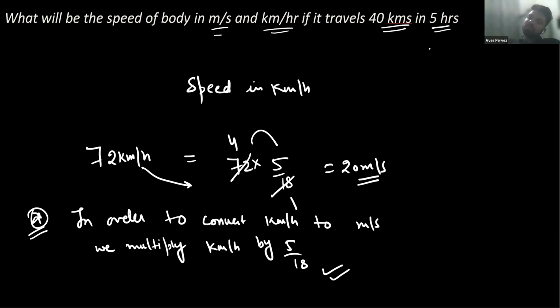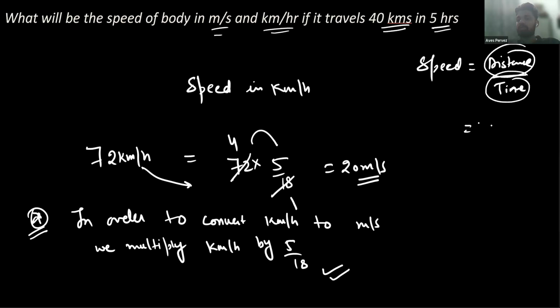So you know speed is equal to distance upon time. If the distance is in kilometer and time is in hour, then speed will be kilometer per hour. So write 40 upon 5. It is equal to 8 kilometer per hour.